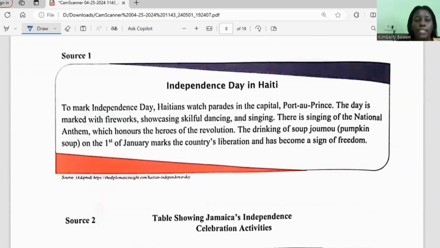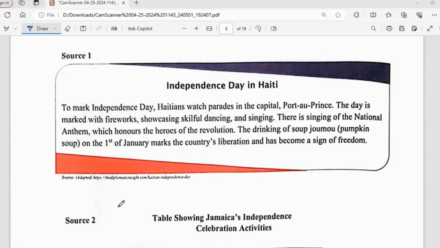To mark Independence Day, Haitians watch parades in the capital, Port-au-Prince. The day is marked with fireworks showcasing skillful dancing and singing. There is singing of the national anthem, which honors the heroes of the revolution.